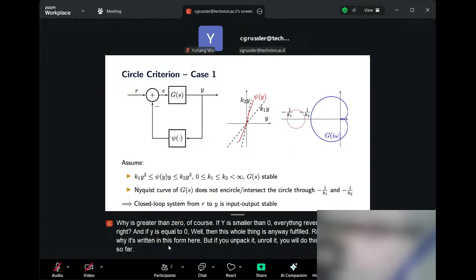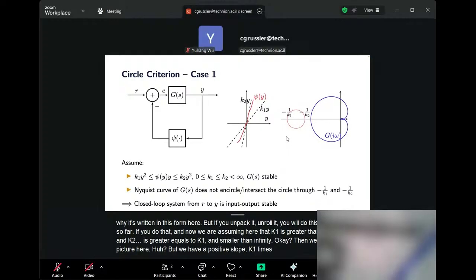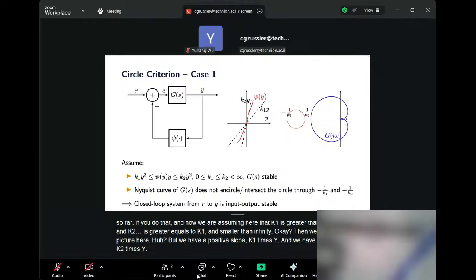Now, we are assuming here that k1 is greater or equal to 0, and k2 is greater or equal to k1 and smaller than infinity, then we get exactly this picture here. We have a positive slope k1 times y, and a positive slope k2 times y, and in between has to lie this psi of y.